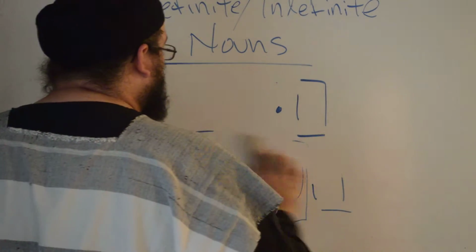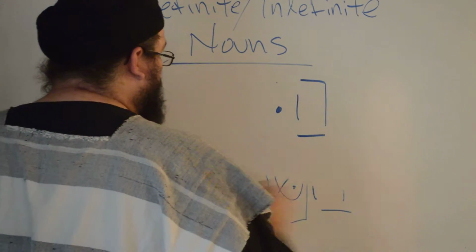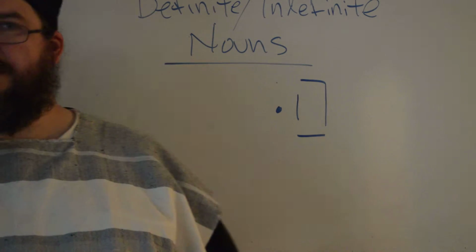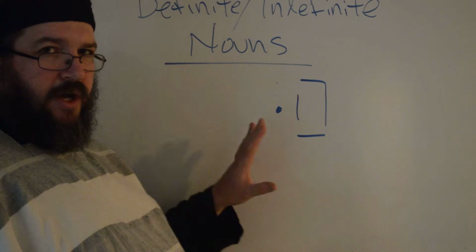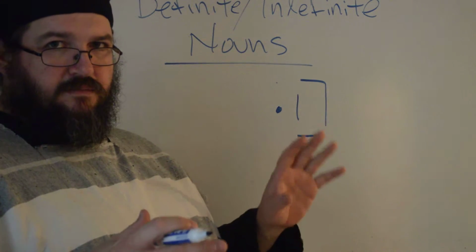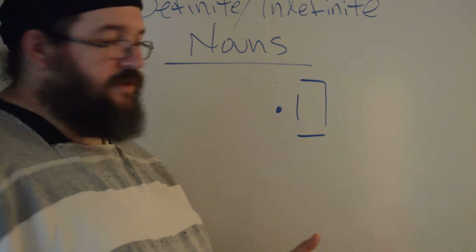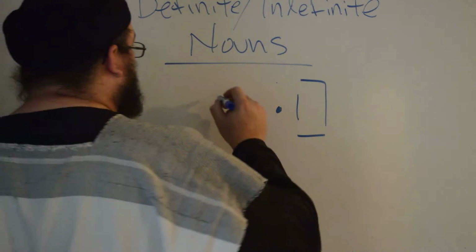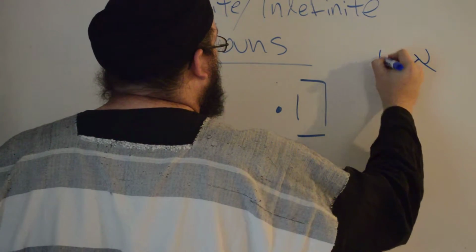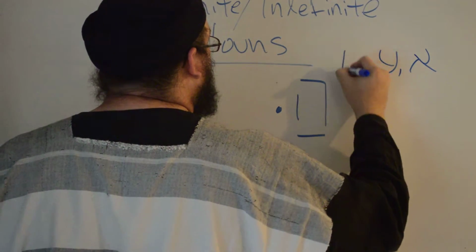So when we're looking at nouns, one way we can find the form is depending upon whether we're going to see a specific consonant, the gutturals, such as the aleph, the ayin, or the chet.